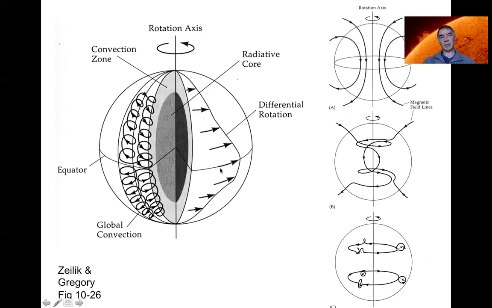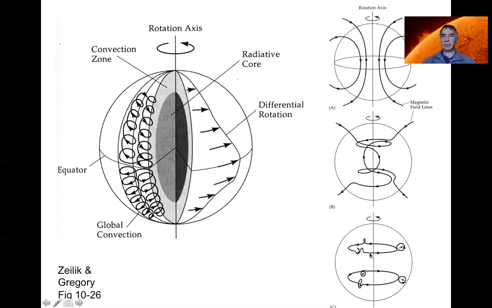So the equator starts moving around faster than these higher regions, and so you start to shear the magnetic field line here, and it will draw the field line out that way. So even if it started vertical, it will start to draw it out horizontally. That's the differential rotation going this direction. And of course, underneath all of that, you've got the convection currents as well, which are also acting to twist the magnetic field up and generate the magnetic field through the dynamo action this way. So that's one way to look at it.